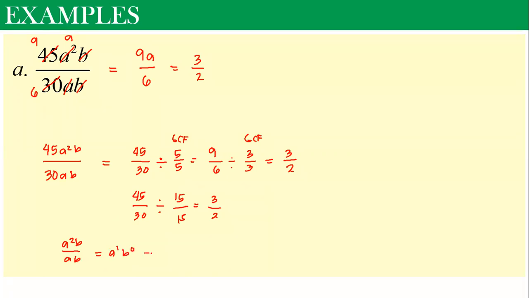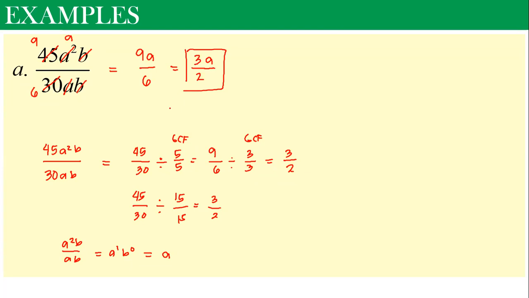Okay? And then if we simplify a raised to 1, that is considered as a. And then b raised to 0, any number raised to 0 is considered as 1. Or any variable raised to 0 is equal to 1. So this will be 1. Okay? So, or 1a. So we don't need to write the 1. So we only have variable a. Therefore, we have 3a over 2.